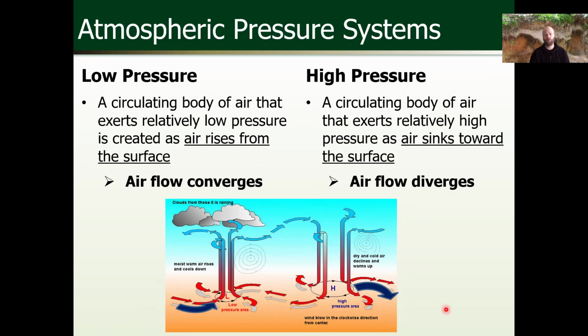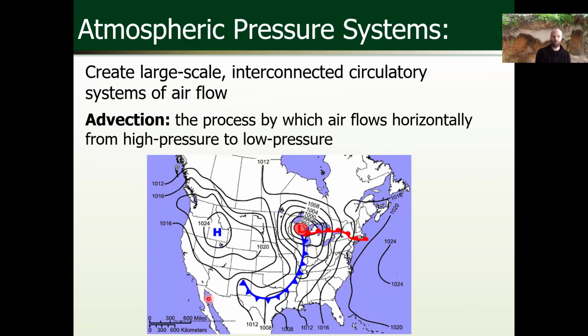So we'll explore this in more detail moving forward, but these are two of our major atmospheric pressure systems, and they largely influence wind speeds and even temperatures on Earth. So let's explore that in a little greater detail.